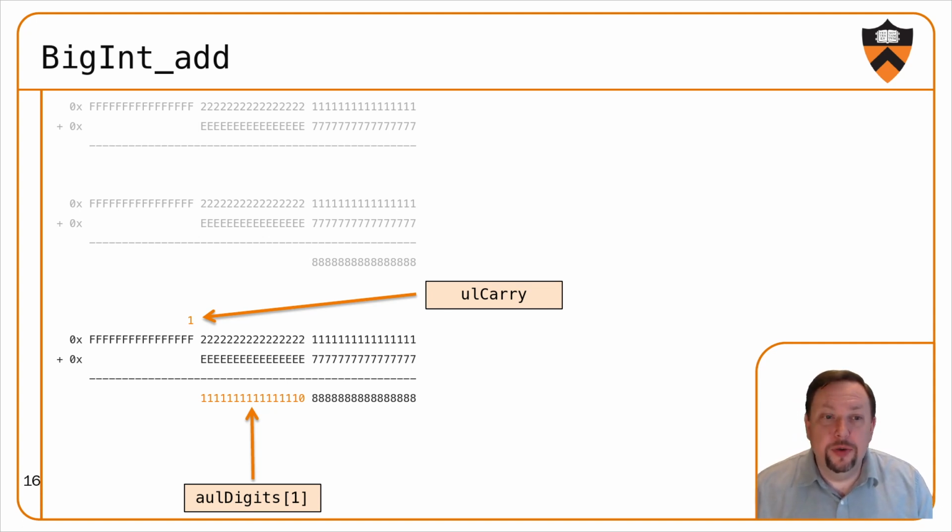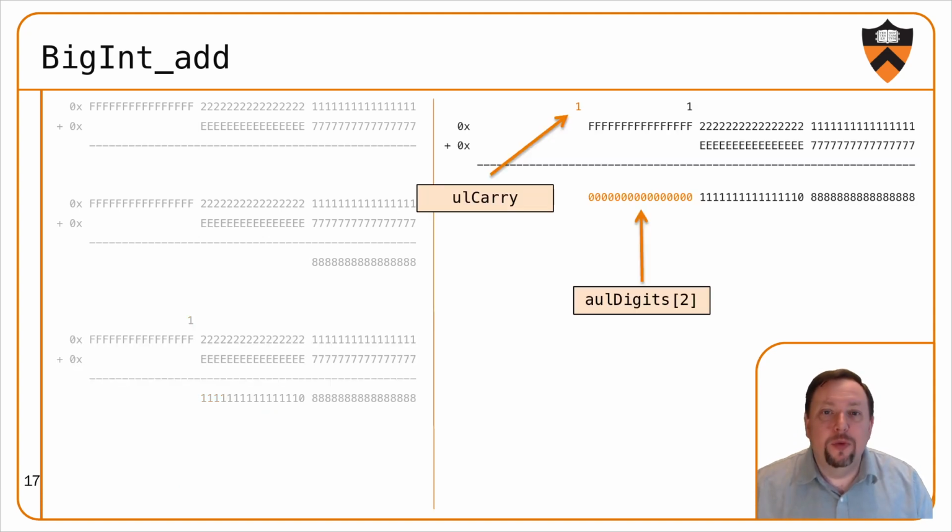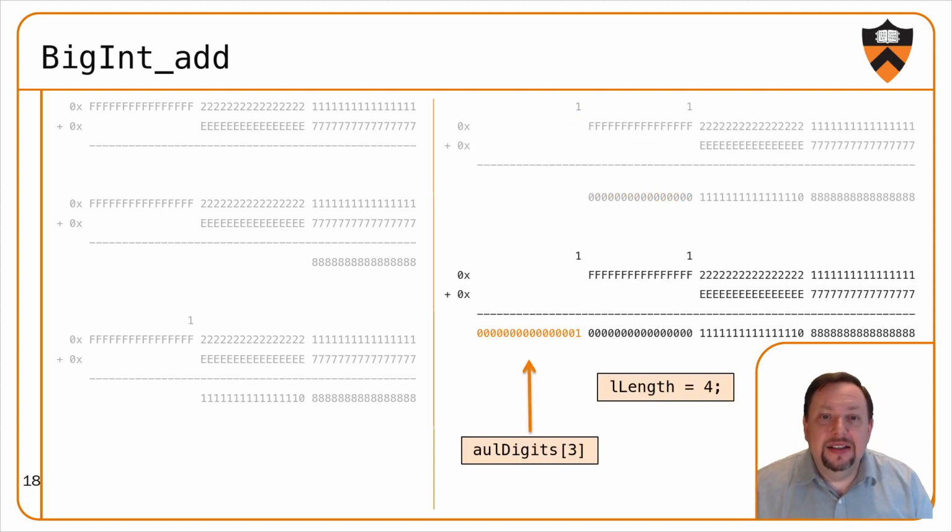So we move on to the next digit. We add the one number that we had at that place with the carry. Again, we get an overflow. We store the result in digits[2]. And now we need to expand the length of the number that we're using for the sum.